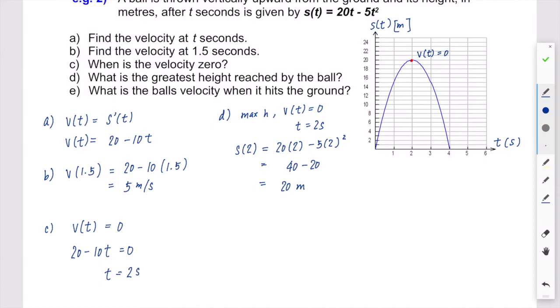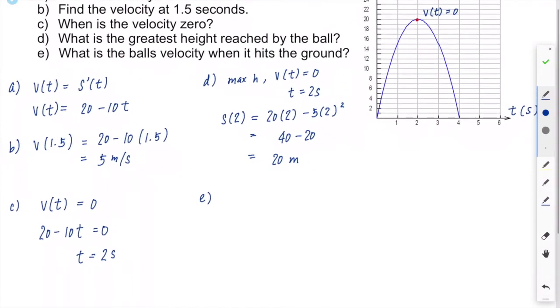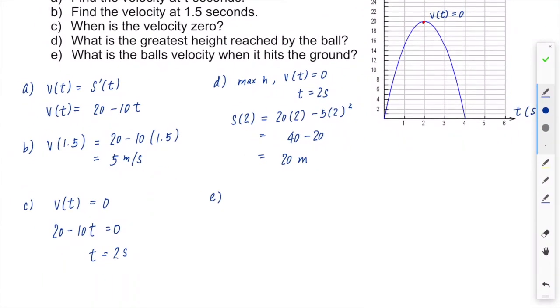What is the ball's velocity when it hits the ground in part E? We know that because it is starting from the same height as where it's going to land, which is on the ground, by symmetry, we know that it's going to hit the ground at 4 seconds.